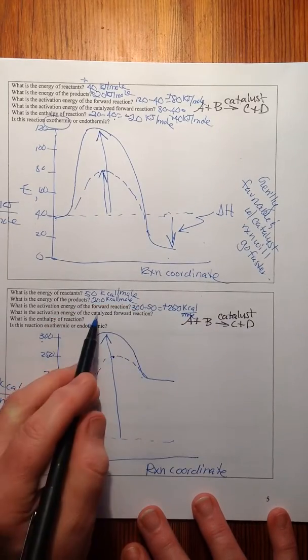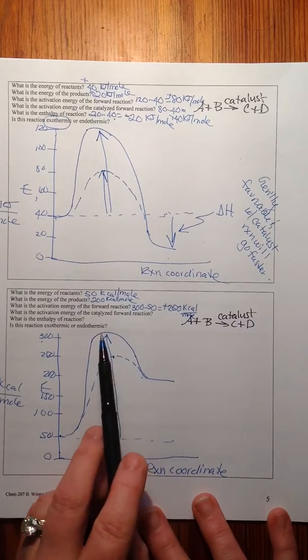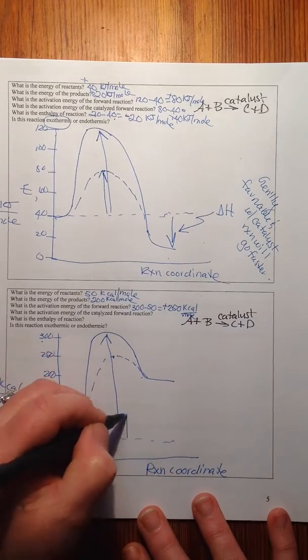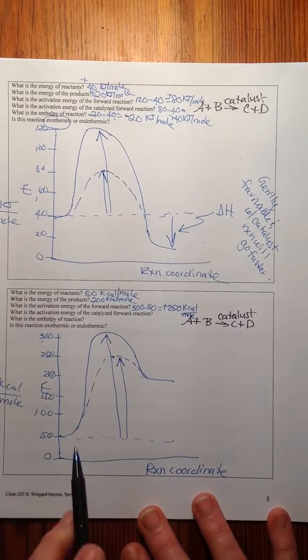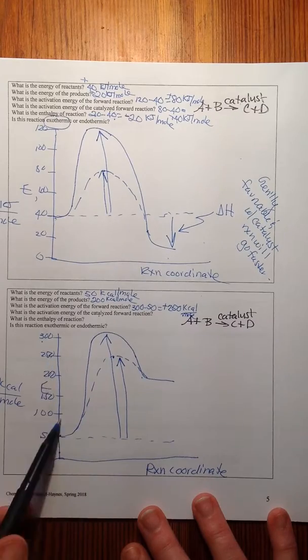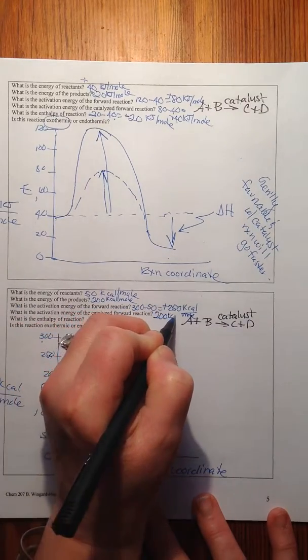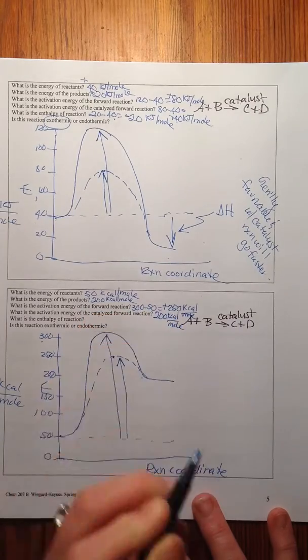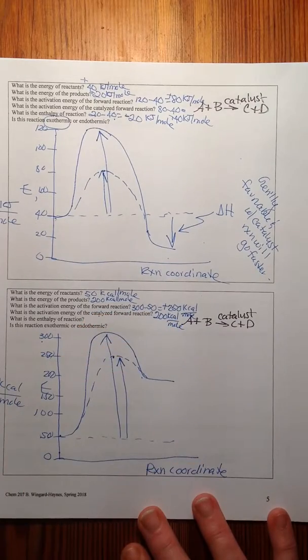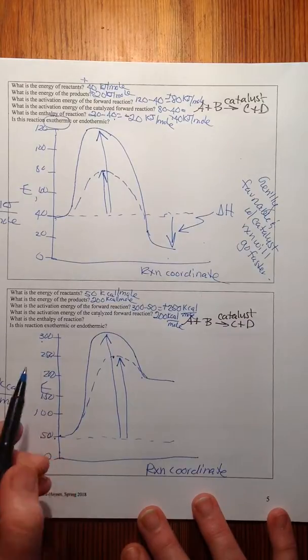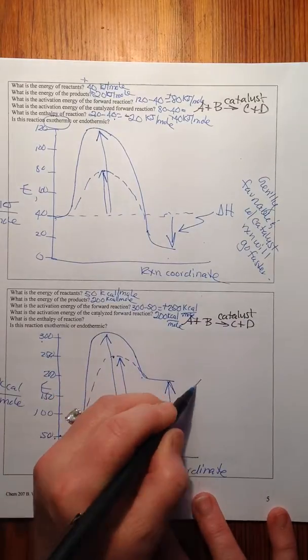If I put in a catalyst, I don't have to go to 300, I only have to go to 250, but I still have to put in 250 minus 50, or 200 kcals per mole, to get it started. Enthalpy of reaction starts at 50, ends at 200.